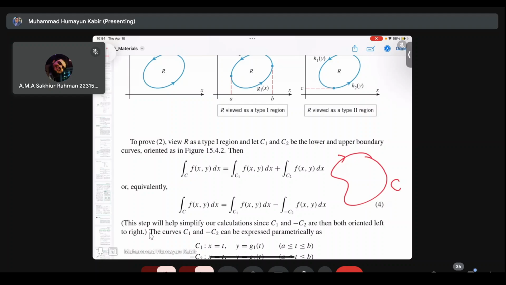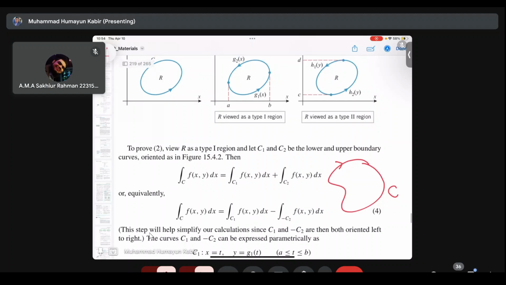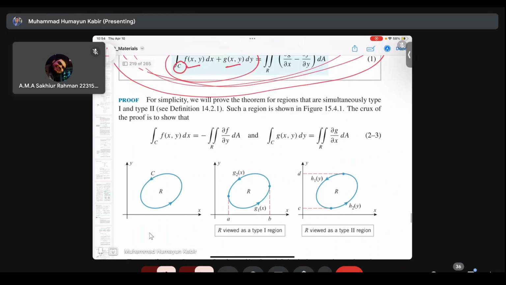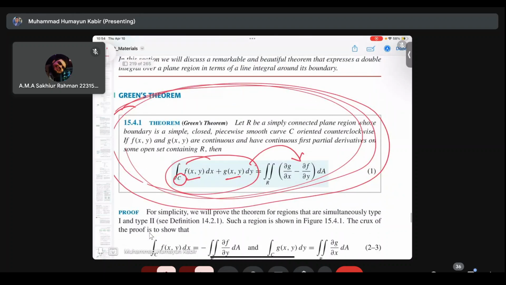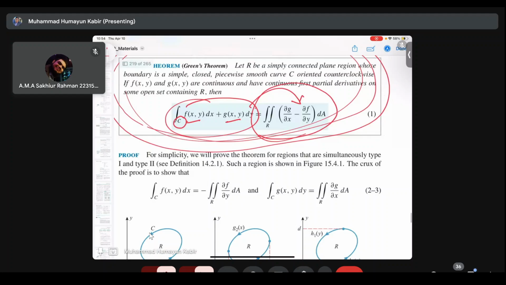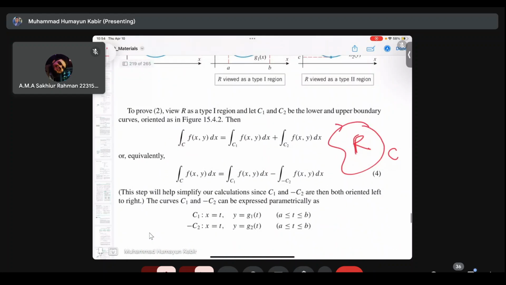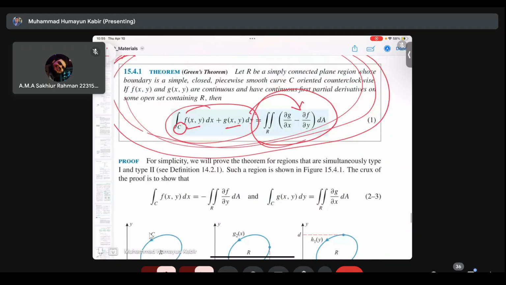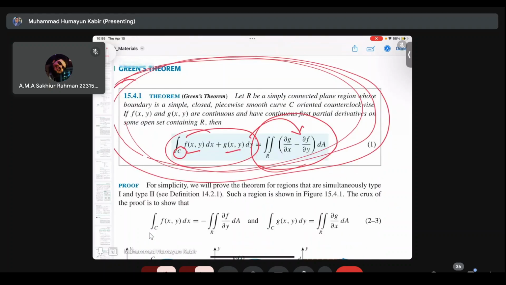And George Green took that region as R, and he developed a technique so that this line integral can be transferred to a double integral. What is R? R is the region inside the closed curve C. And look at how he transferred it. The process is very simple. You have two functions f and g, both two variable functions.